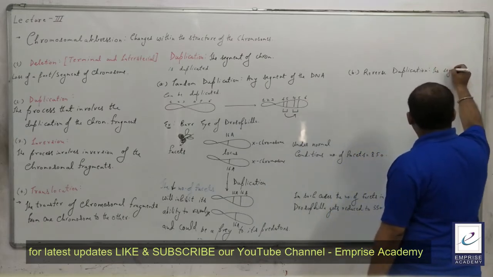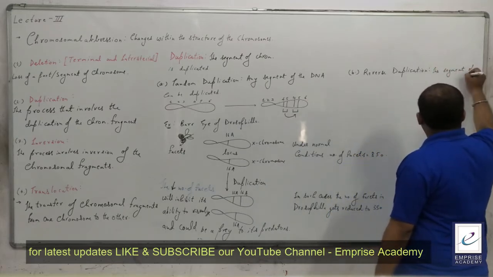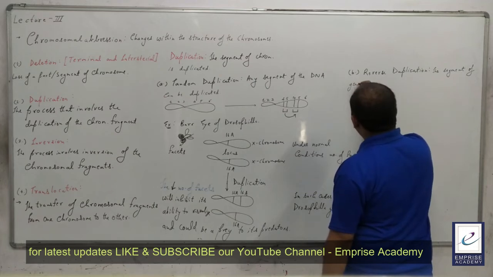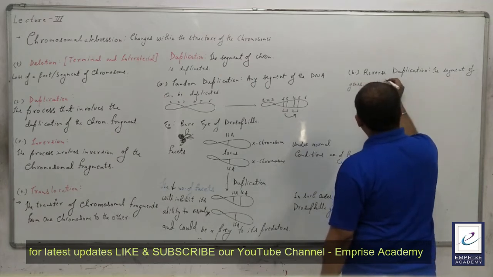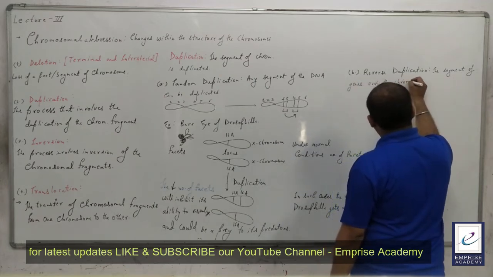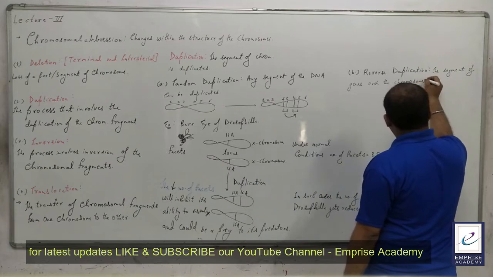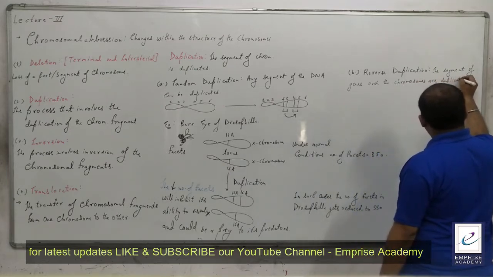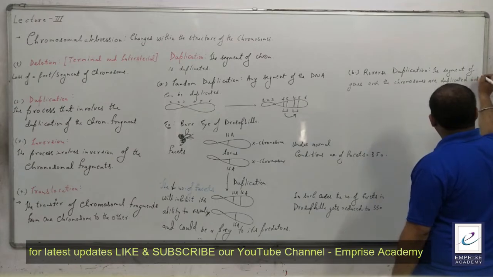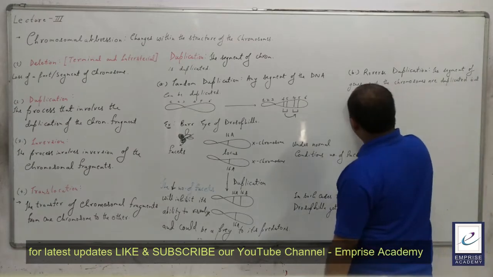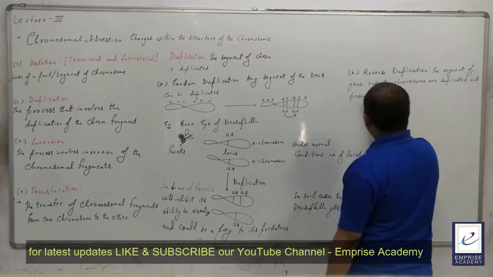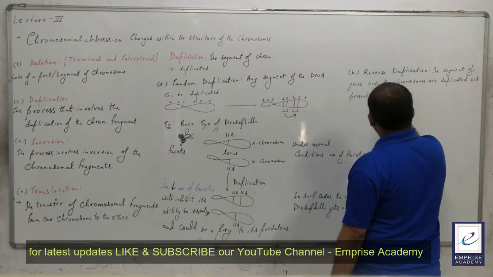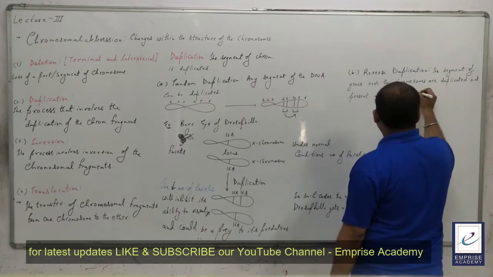The segment of genes over the chromosomes are duplicated but present in an inverse manner.